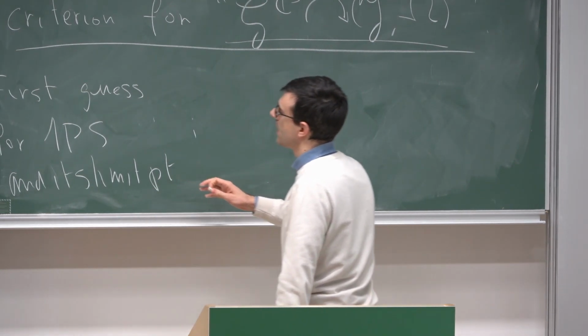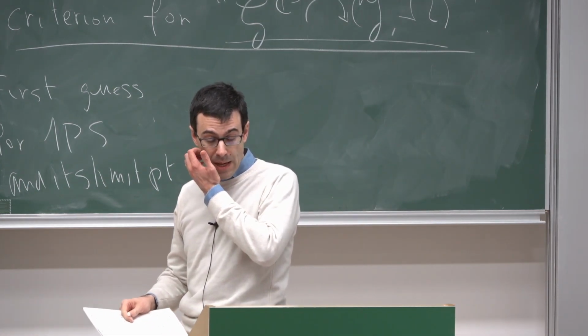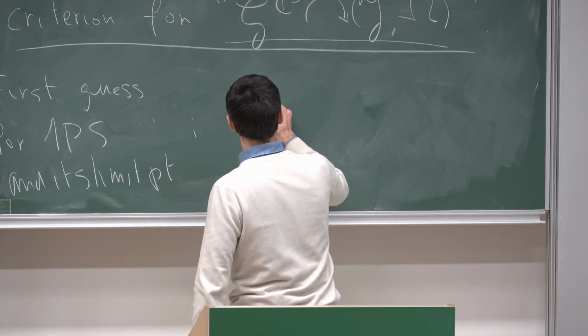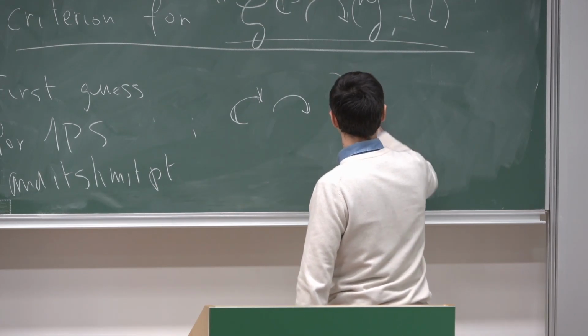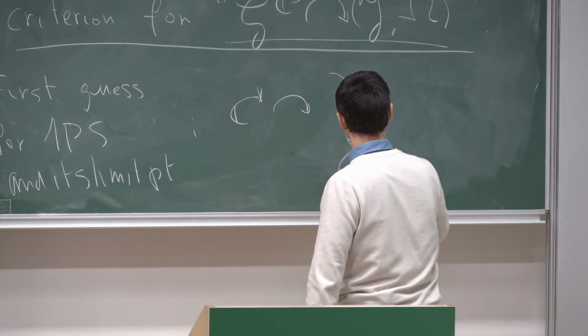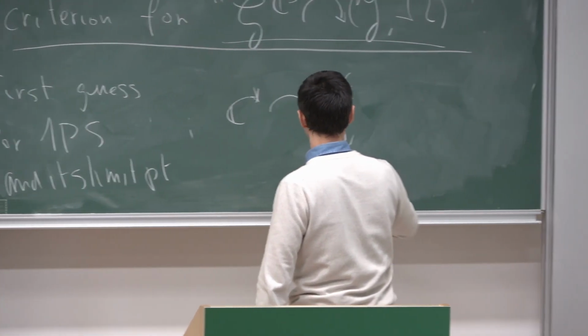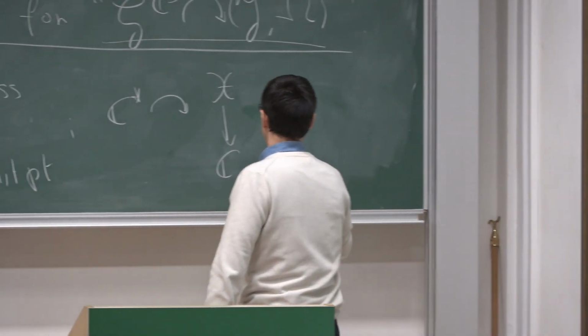So your first guess would be that since we're working with a complex structure on a fixed manifold, you want to have a C star equivariant family, let me call it curly X to C. So this C star acts on the base and it lifts to the whole space.